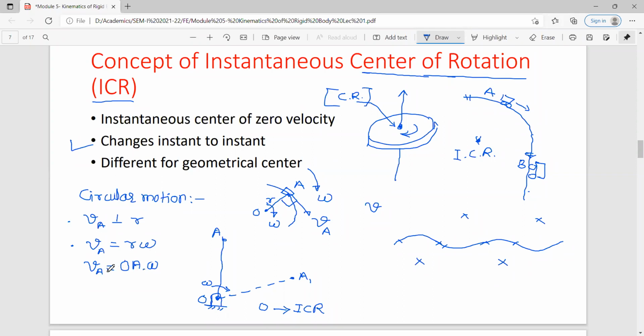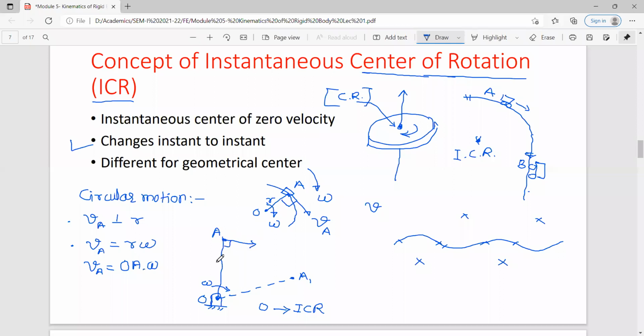This way you can find out the velocity of point A. If I say tell me the direction of velocity of point A, what will be the direction? The direction of velocity of point A is perpendicular to radius. The radius of point A is OA. So I will draw a perpendicular to that like this.